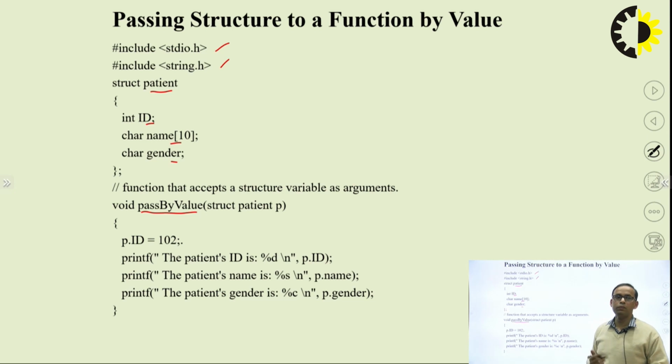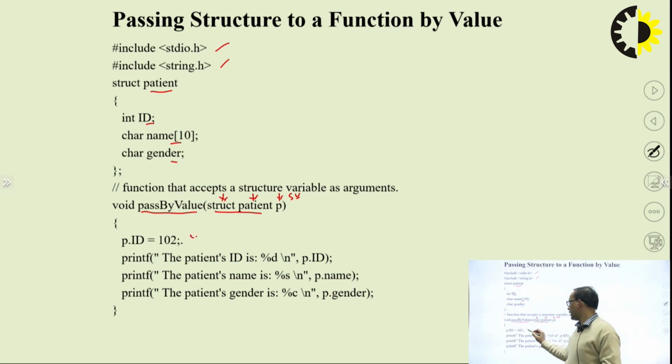The structure variable is passed as an argument inside the function, and that will work as a function parameter. So again, to declare the structure variable, what will we use? The struct keyword, structure name, and this is the structure variable name.